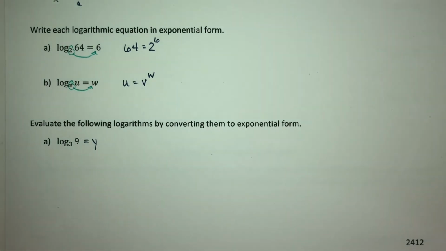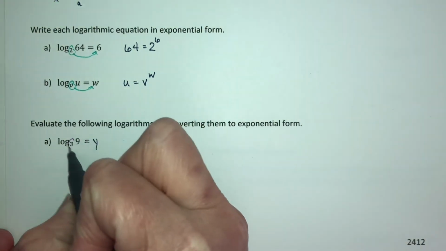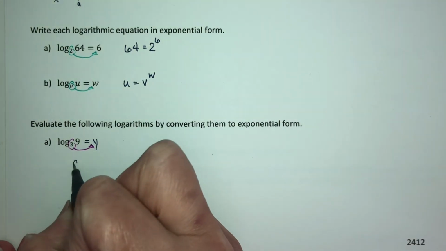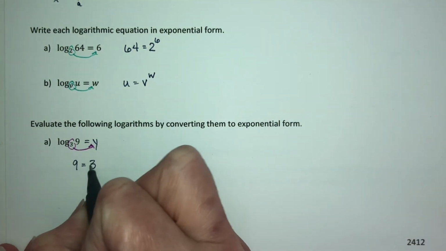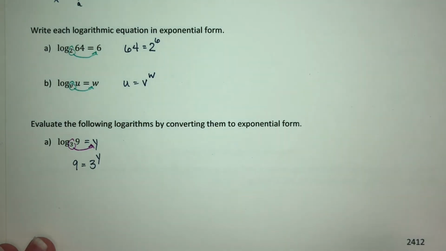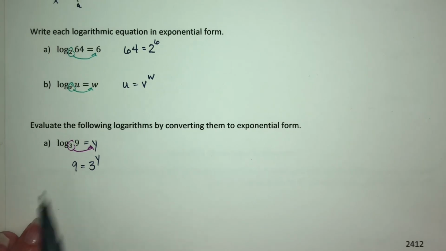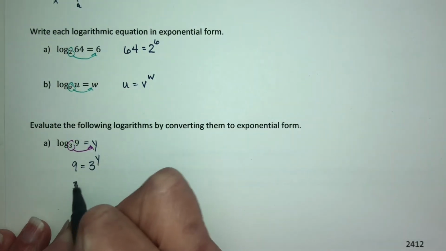Now let's switch it to exponential form. So this comes over to here. And we get 9 is equal to 3 to the y power. Now what you want to try to do is to rewrite each side so that they have the same base. And I can rewrite 9 as 3 squared.